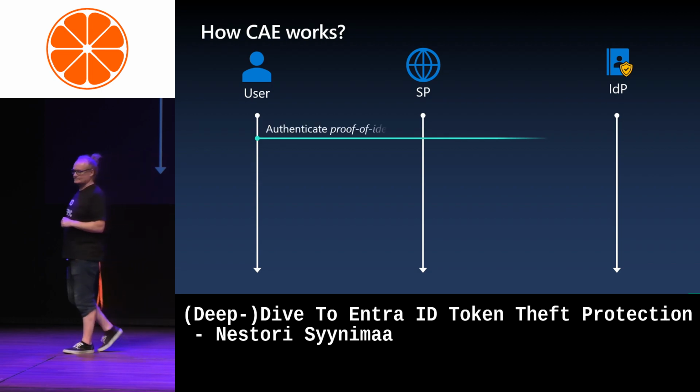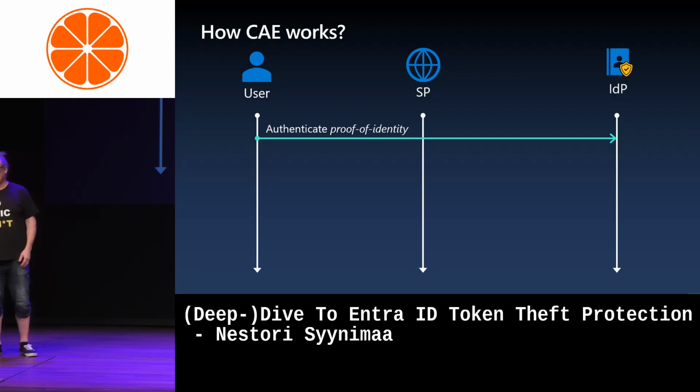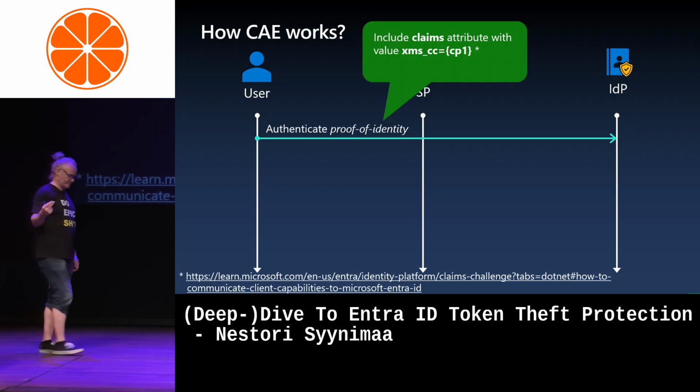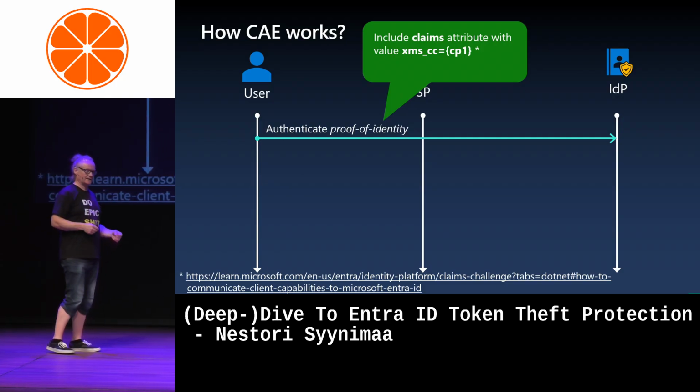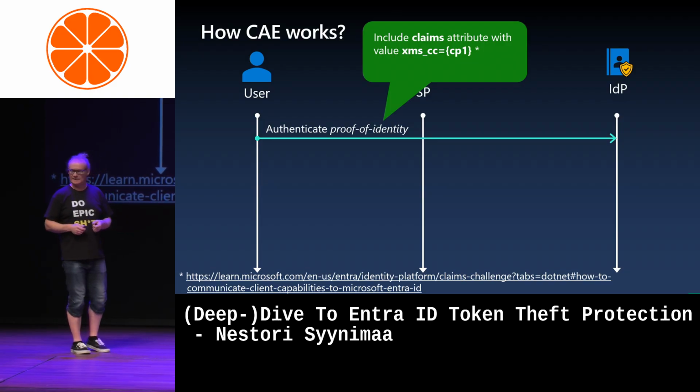So how does this work? You go and authenticate yourself, okay, all good. But in that request, you need to remember that Entra doesn't know anything about you. It doesn't know whether your client supports CAE. So you need to tell it. And how do you tell that? You add a claim to that request.